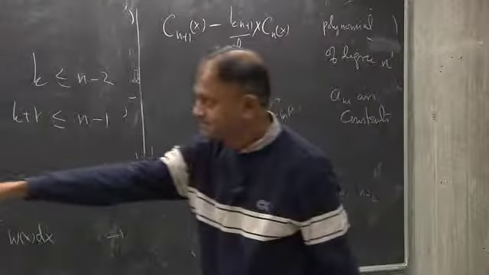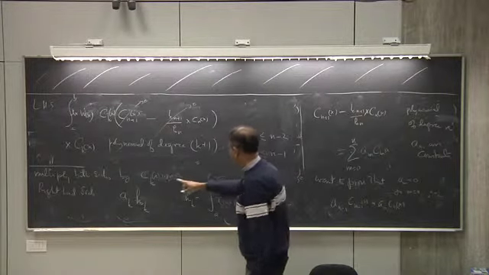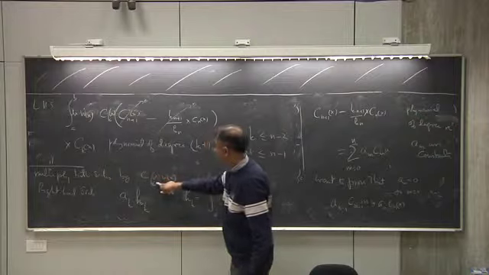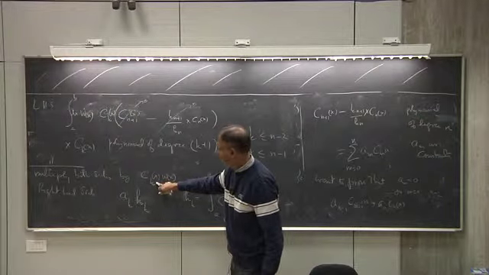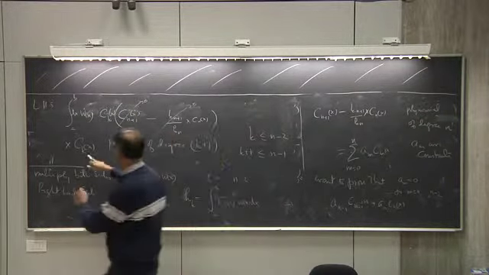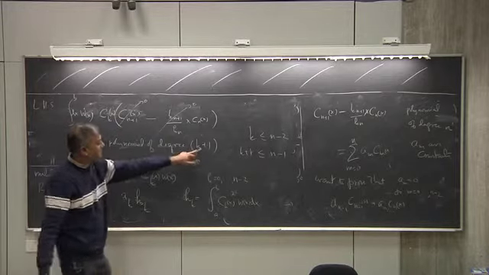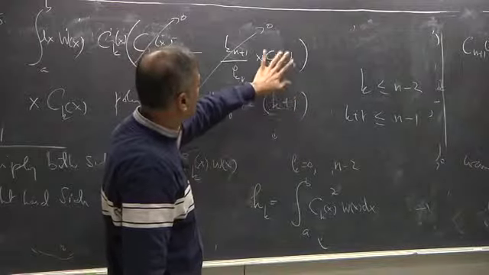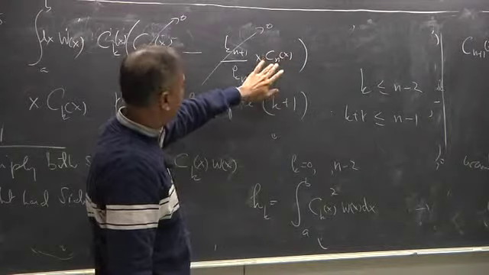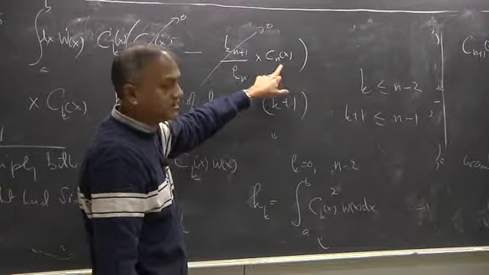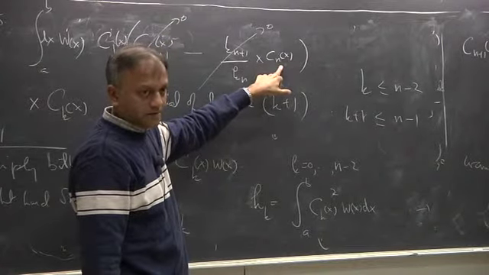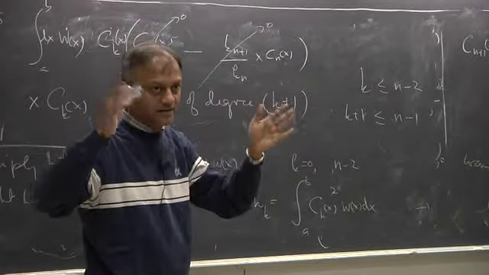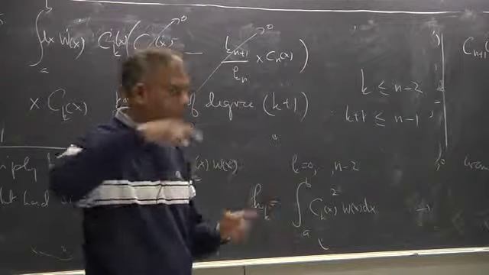If you take now the same formula but for k equal to n minus 1, this will become an nth degree polynomial. Then I should be able to get, once you know the normalization of c_n, the c_n squared integral, which I was calling h_n.